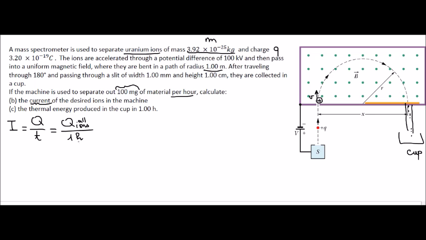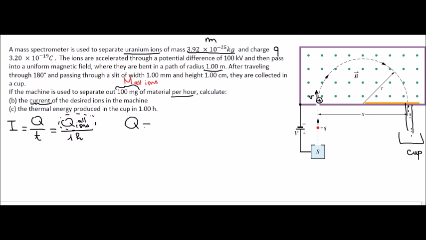Fine. So all what I need to know is, what is the charge of all ions? That's not quite difficult. We have an information here: we have the total mass of all ions. There are a lot of ways to do it.